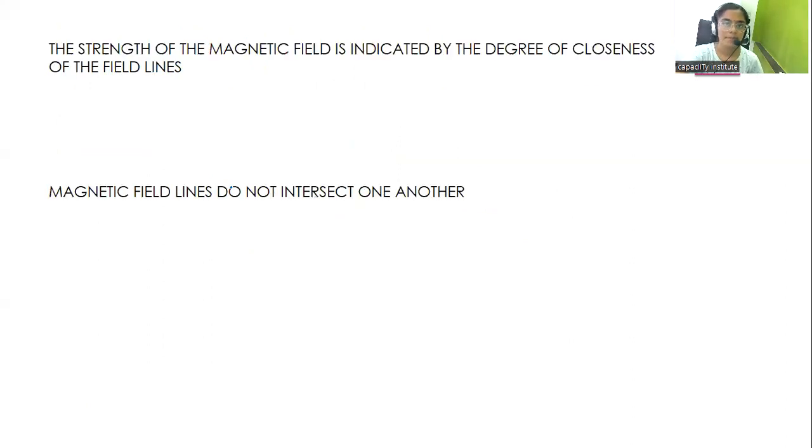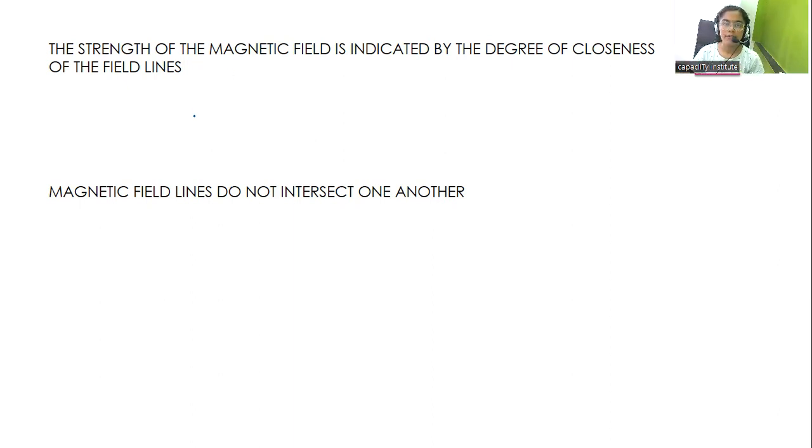Now another property. The strength of the magnetic field is indicated by the degree of closeness of the magnetic field lines. That is how close the magnetic field lines are. Where the field lines are closest together, the magnetic field is stronger. This is so simple.